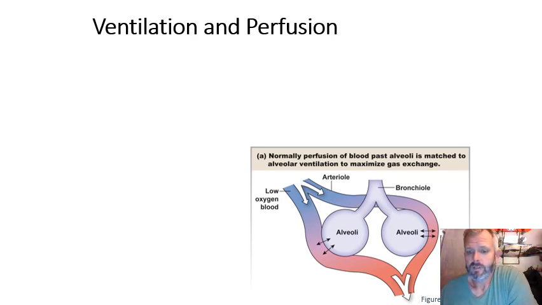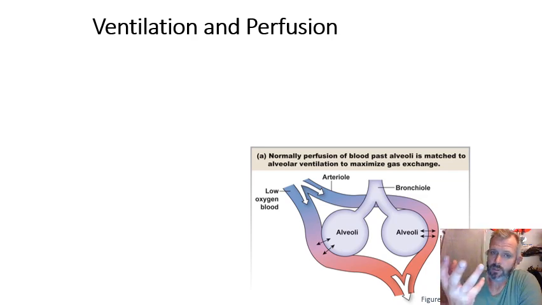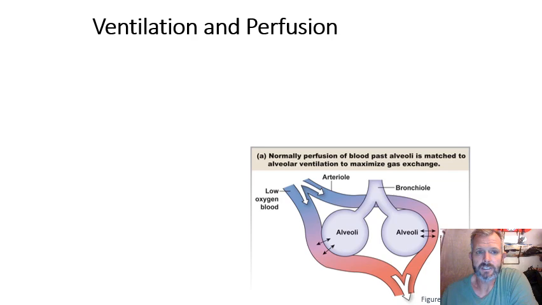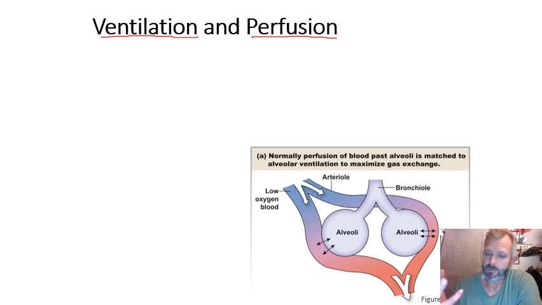So where ventilation is good, we want to dilate to those capillary beds that surround the alveoli that are well ventilated. So we want to match what we call ventilation in the alveoli to the perfusion of blood into the capillaries around the well ventilated alveoli.